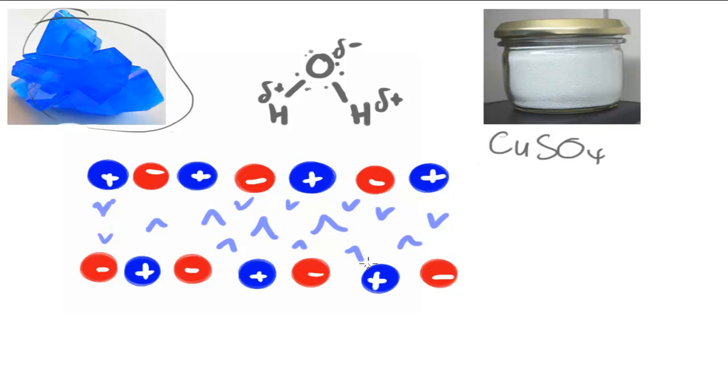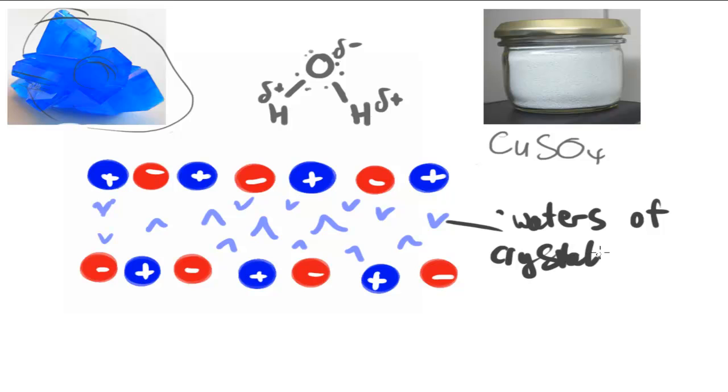And since these water molecules are inside a crystalline structure, between these layers of ionic lattices, in the middle of this crystal, we call them waters of crystallization. This is a weird sort of plural. Correct me if I'm wrong. I think it's waters of crystallization.